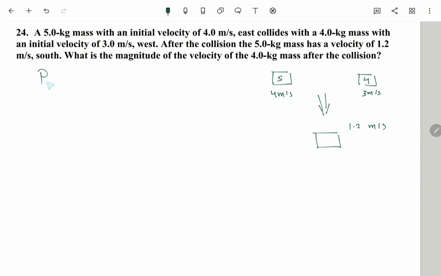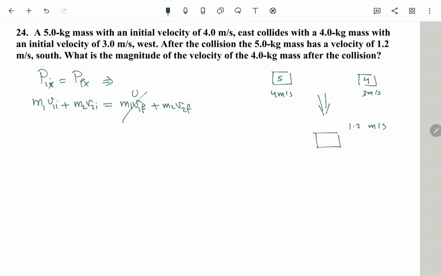Now P initial x equals P final x, and from this one here, m1 v1 initial plus m2 v2 initial equals m1 v1 final plus m2 v2 final.